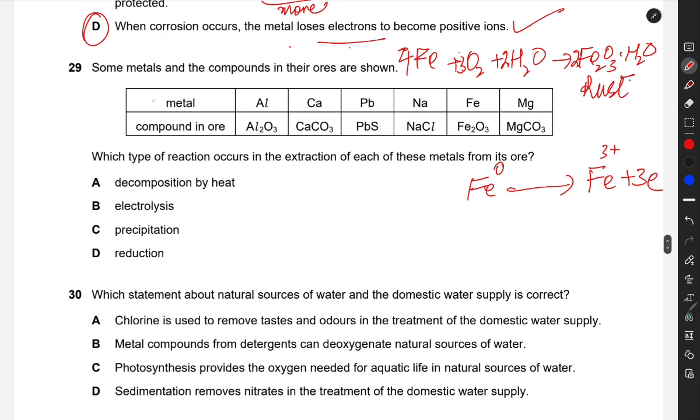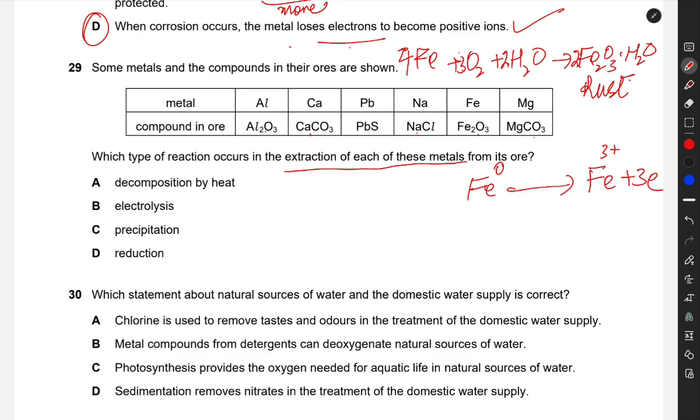Some metals and the compounds in their ores are shown: aluminum oxide, calcium carbonate, lead sulfide, sodium chloride, iron(III) oxide, magnesium carbonate. Which type of reaction occurs in the extraction of each of these metals from its ore? Decomposition by heat?